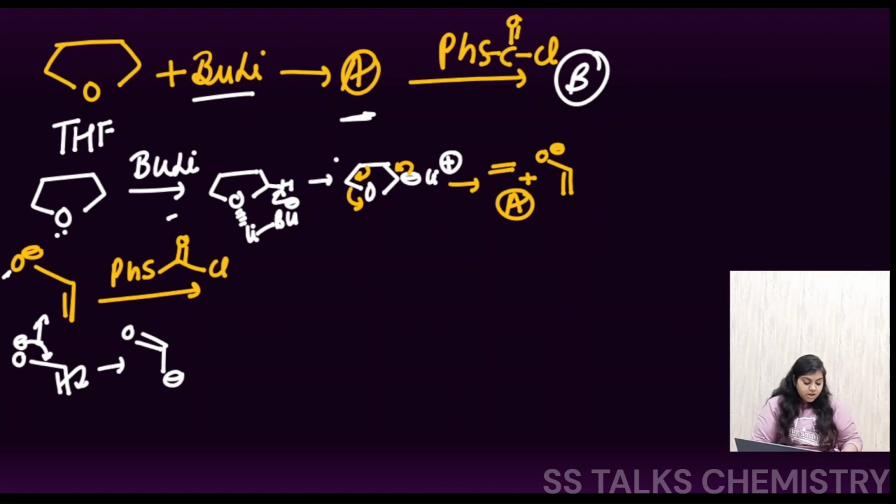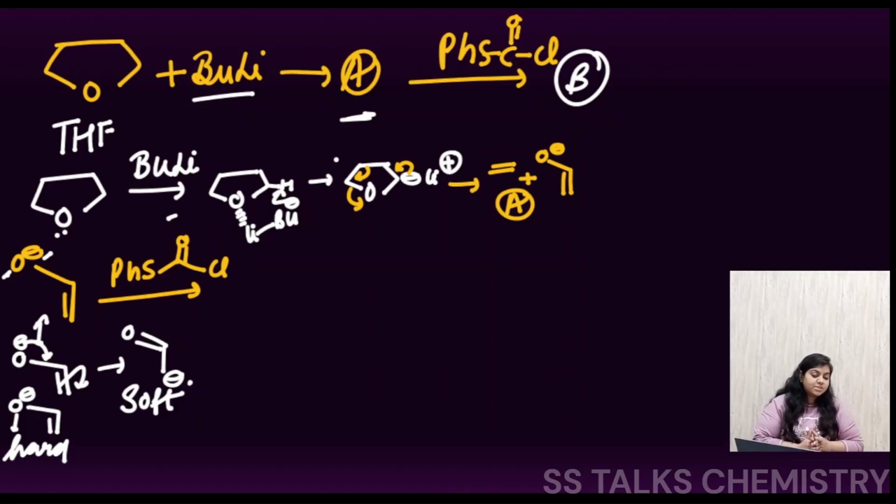So either the attack through this oxygen center can occur, or through this carbon center it can occur. So here we are seeing that the carbon center is my soft center, and if the attack is through this oxygen center, this oxygen attack is my hard. So based upon that concept, hard-hard and soft-soft interactions are favorable.